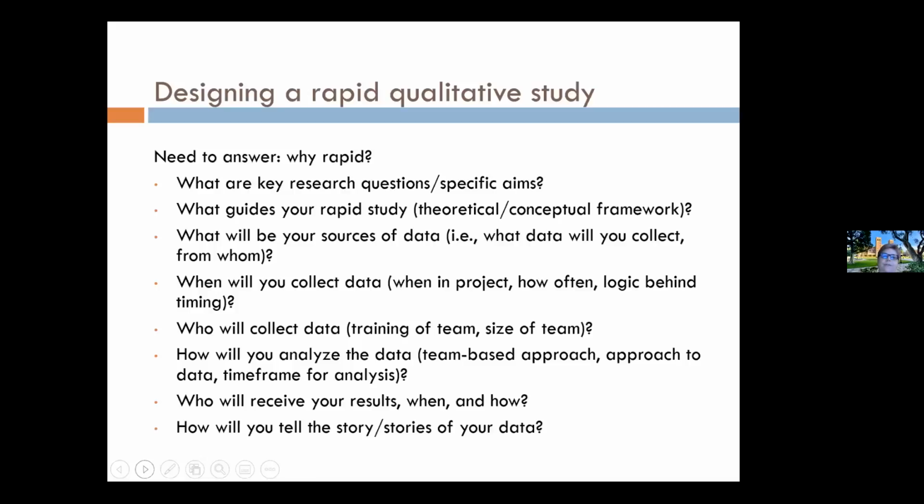And might our decisions about design relate to our audiences? I would argue that they should. And you really want to think about, how do you want to tell stories? I still think that what qualitative data gives us is the ability to tell really rich stories. And I would never want to lose that, no matter what analytic approach I'm taking. So you just want to think, what is this approach going to give me in terms of the ability to tell stories with my data?